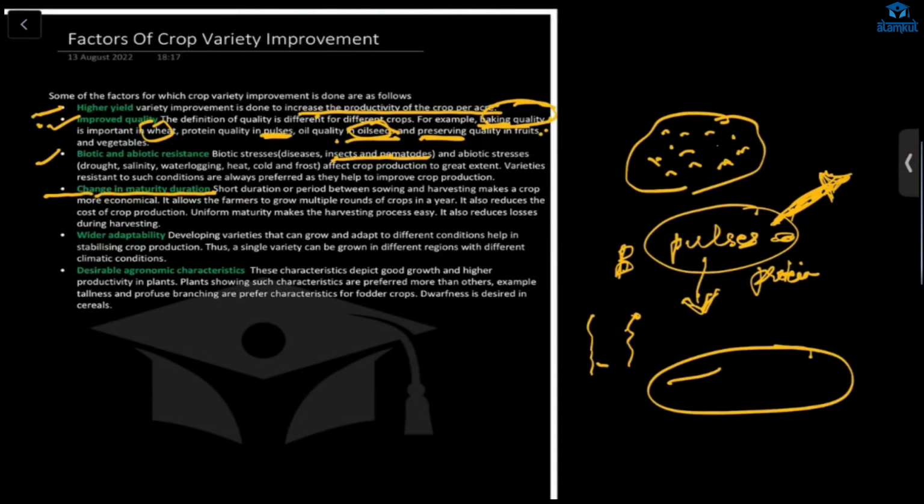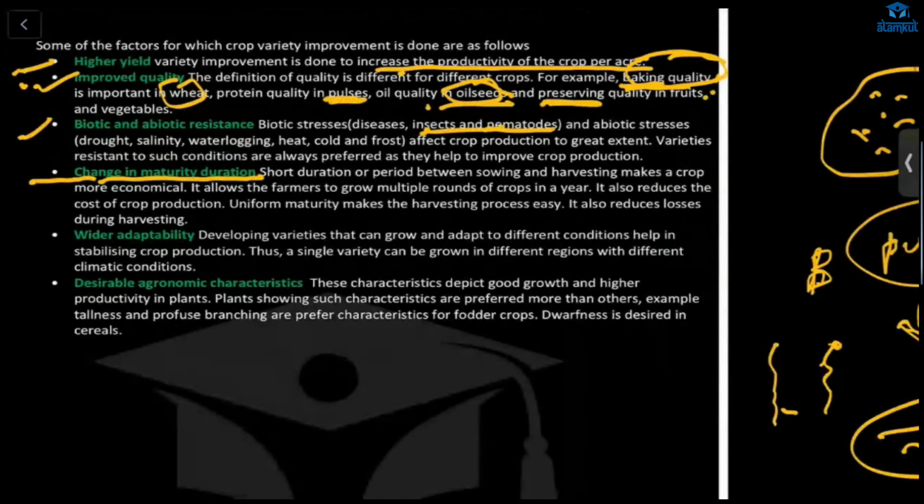So if this is harvested soon, then what will happen? The next crop, whichever we want, say cauliflower, then we can plant that also. If this is taking time, then the farmer will not have area to plant the cauliflower, right? Understood? So this quality must be increased. Changing maturity. Okay. Then wider adaptability.